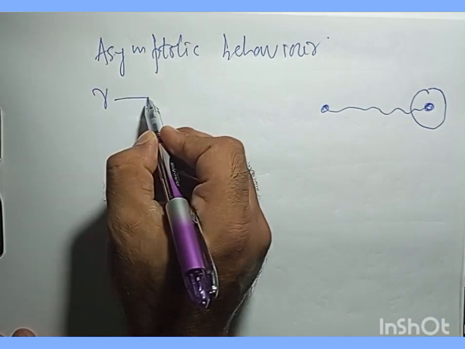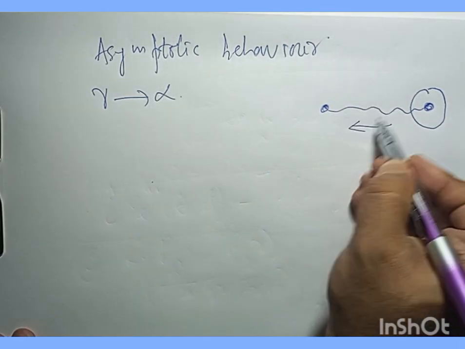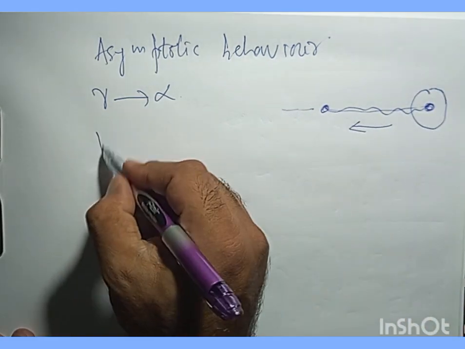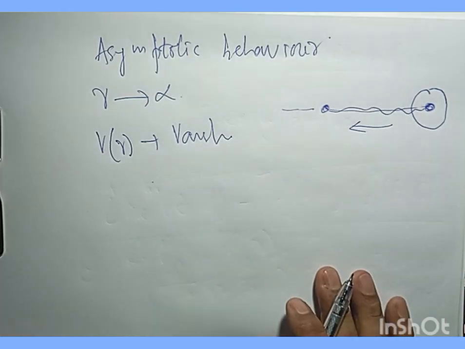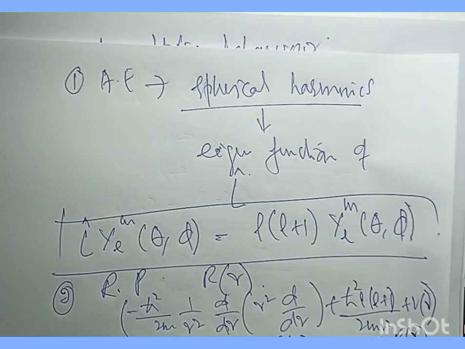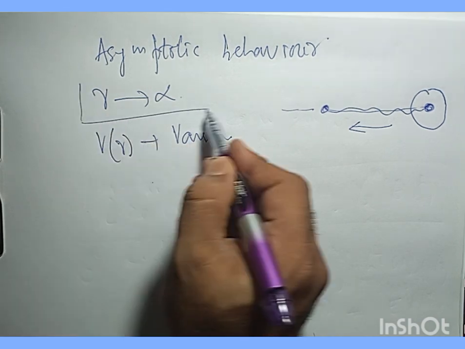If I take r tending to infinity, that means V of r should vanish, and the solution becomes a free particle solution when r tends to infinity. And this is the radial equation for the free particle in the asymptotic region that we have written down. So V of r is gone in this approximation.